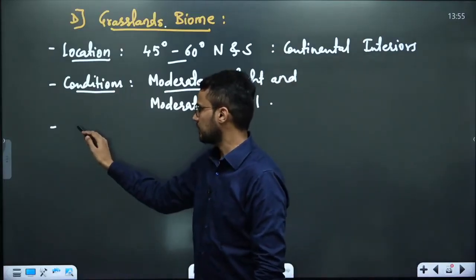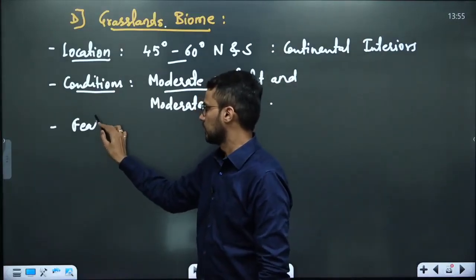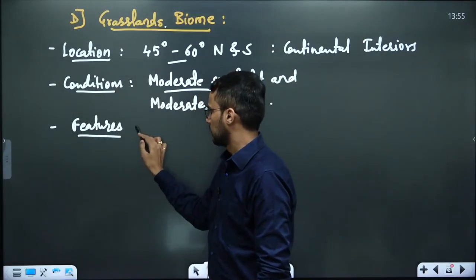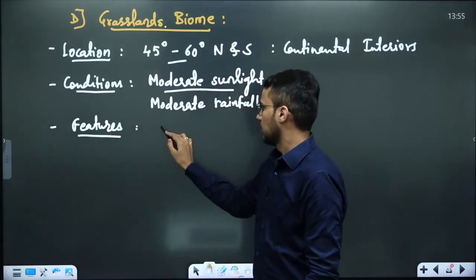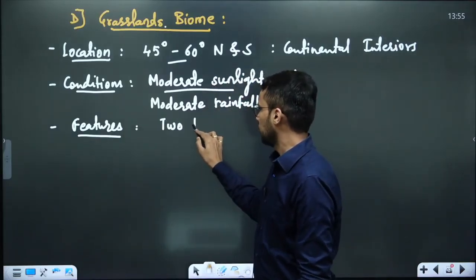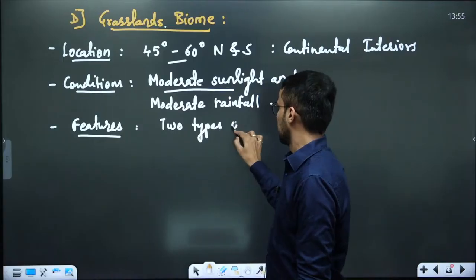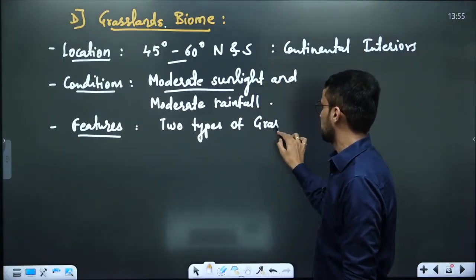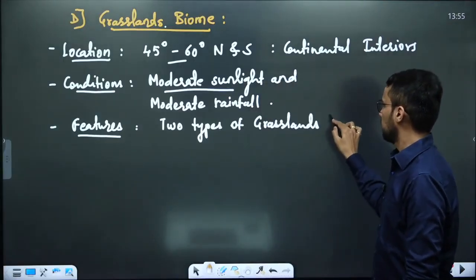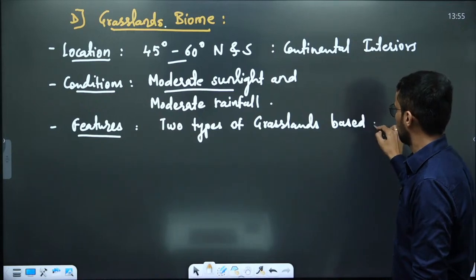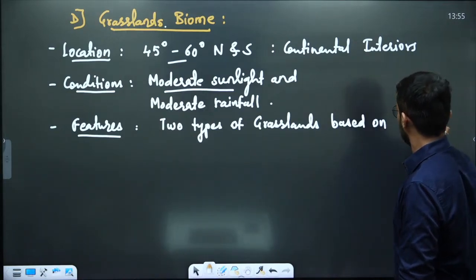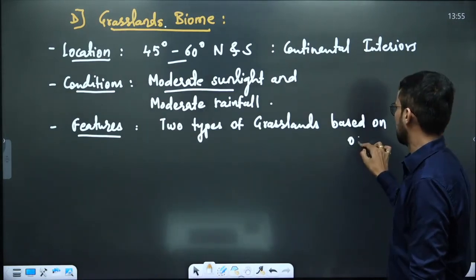Next now, features. There are two types of grasslands based on height of grasses.